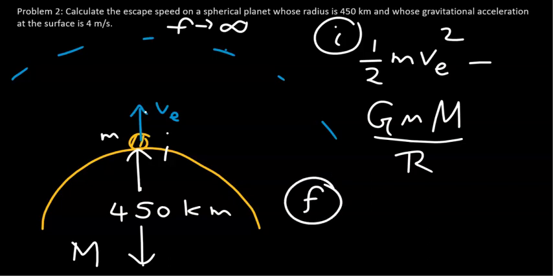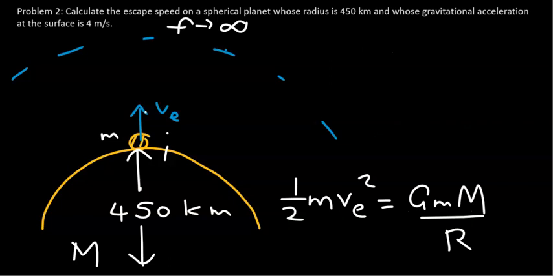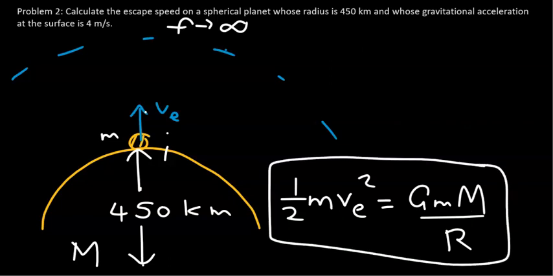At the final point, as we said, it will come to rest. So the kinetic energy is 0, and the potential energy is, of course, 0 as well, because now it is at an infinite distance from the center of the planet. Equating these two values, we get the following result. The mass of the object cancels out, leaving us with this result.